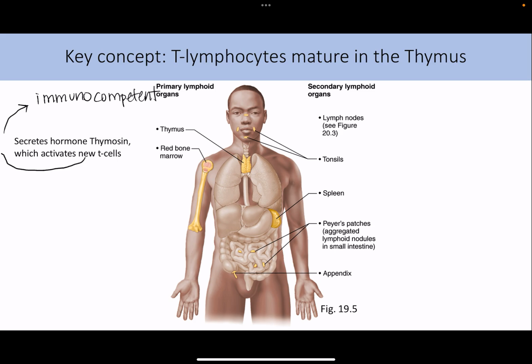And all that means, and we'll talk about it more with the immune system, is that the immune cell is able to tell a self cell from a foreign cell. They know how to tell the difference between something that is potentially harmful to the body versus something that's not harmful to the body. That's being immunocompetent. They know which things to look out for. They're properly trained, and we'll talk about the training that the T cells go through in order to become immunocompetent.